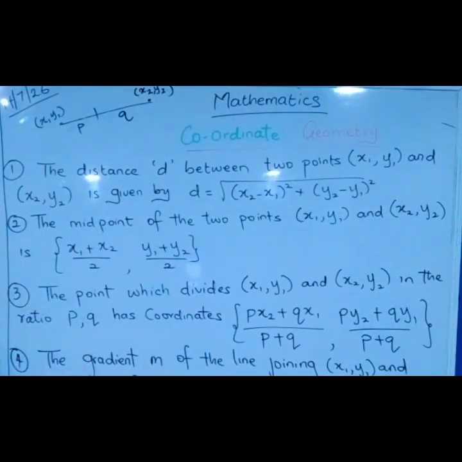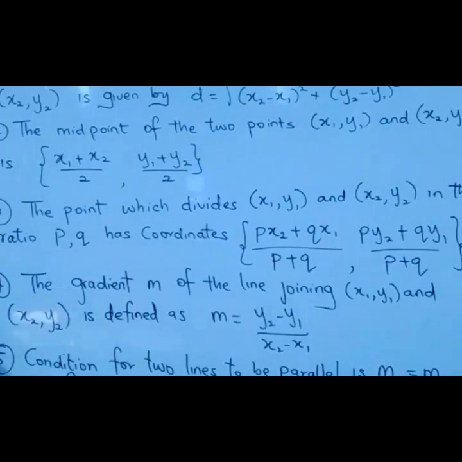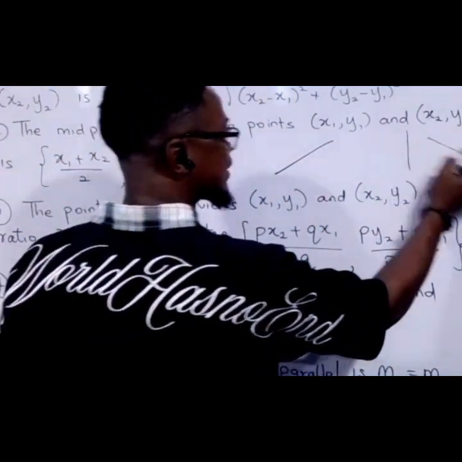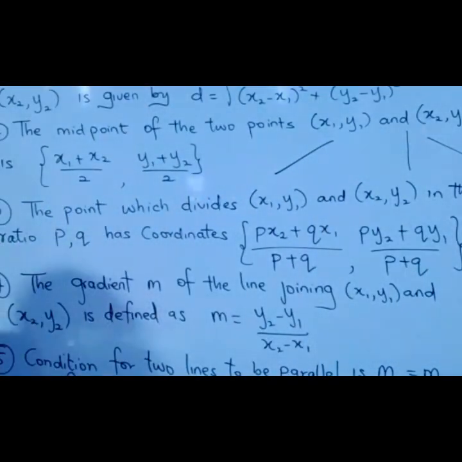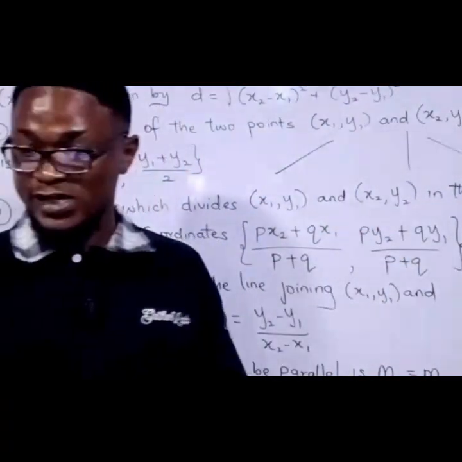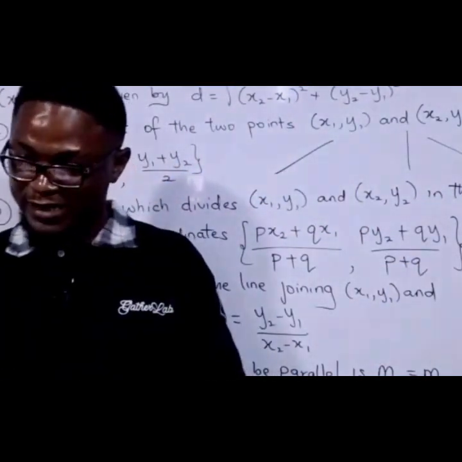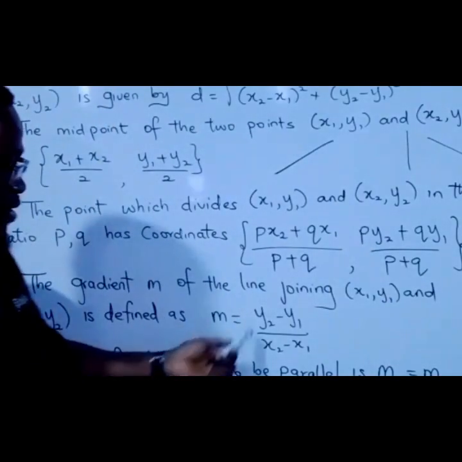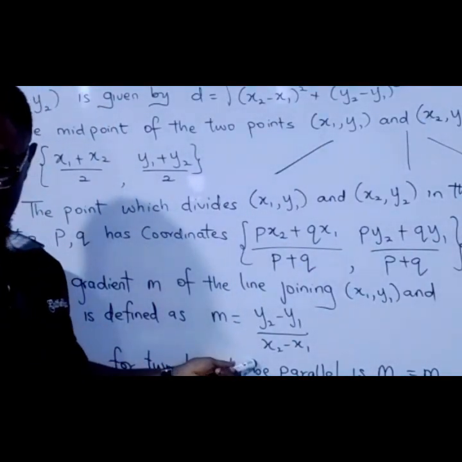Now, number 4, the gradient. Gradient is slope. Different lines, this line and this line and this line, they are not the same. They have different gradients. This is a positive gradient, this is a negative gradient. Gradient is just how y is changing with x. That is why the formula is change in y over change in x.